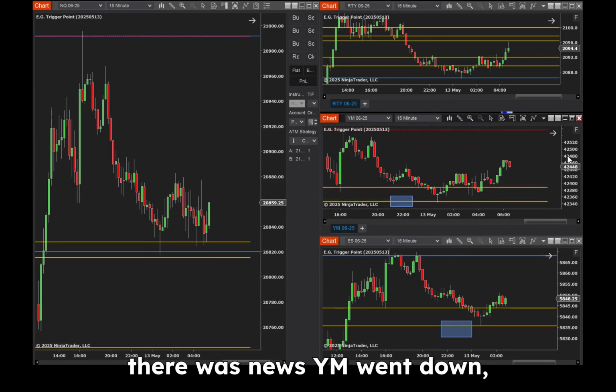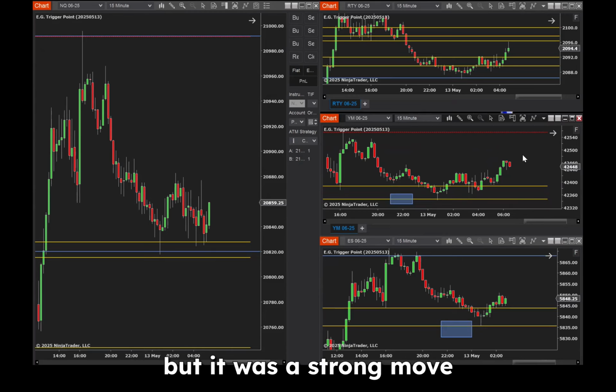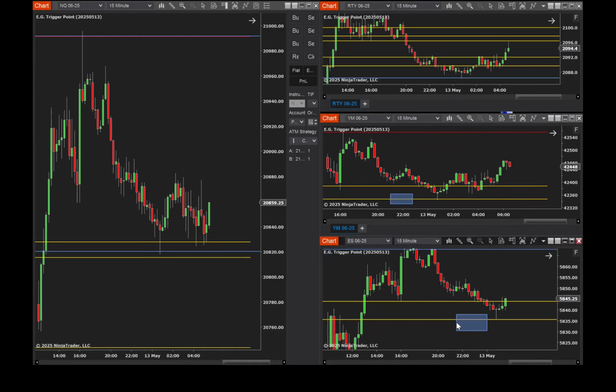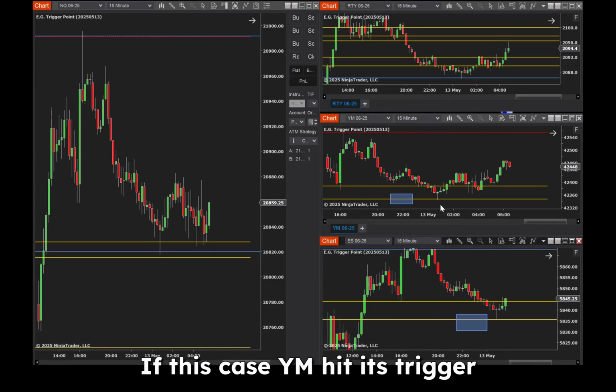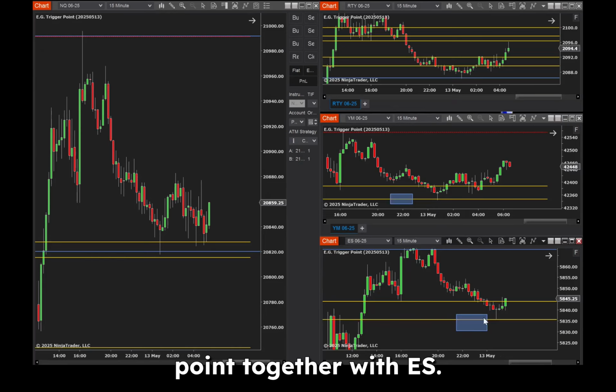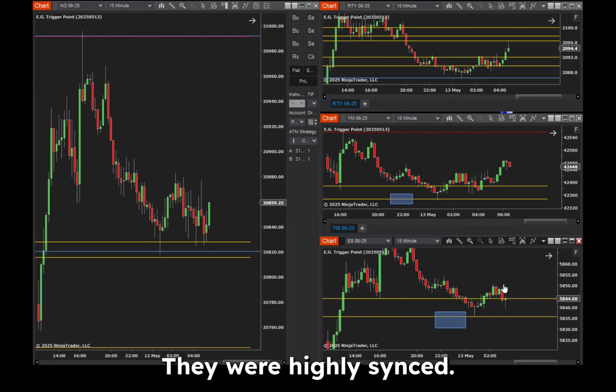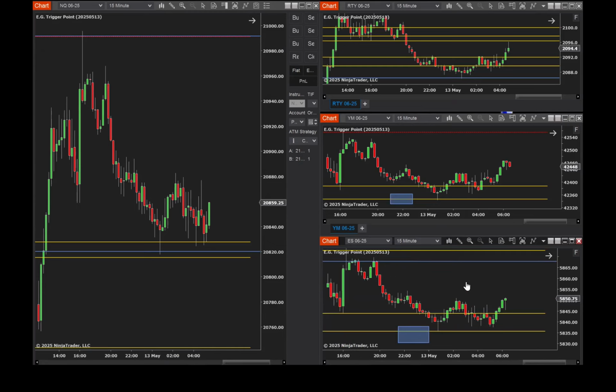Okay, then there was news. YM went down, but it was a strong move to the upside. So again, there's no difference between the levels in the CTP methodology. When they hit their trigger point, we identify that trigger point. In this case, YM hit its trigger point together with ES, exactly together, they were highly synced. I want to show you.